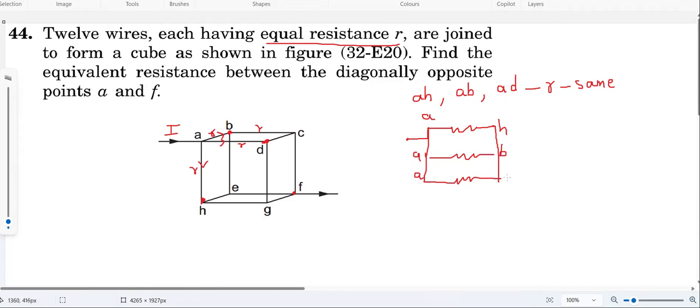When you say HBD, all the three are going to be at the same potential.